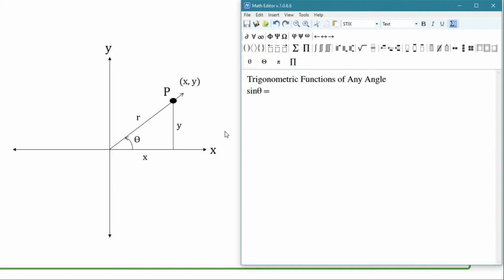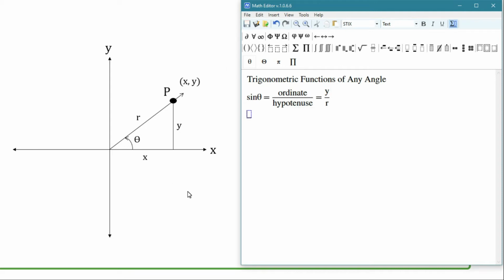So the sine function is the ordinate over the hypotenuse, or simply y over r. That will be our first trigonometric function.